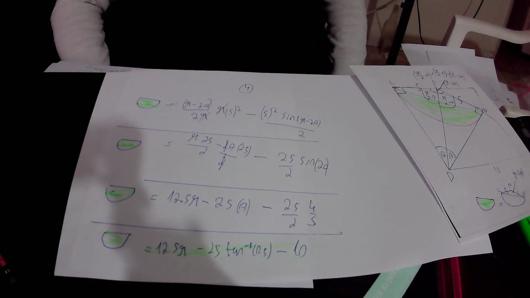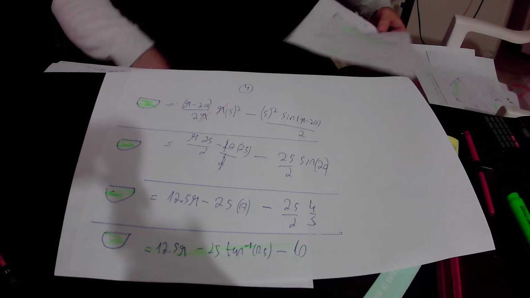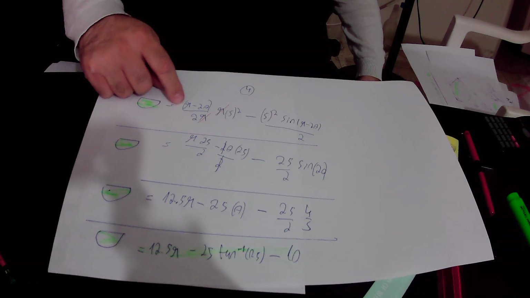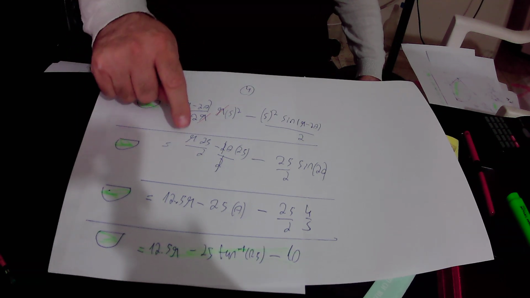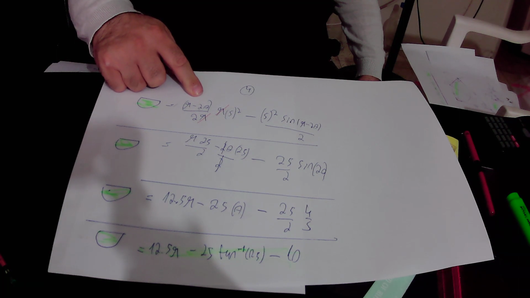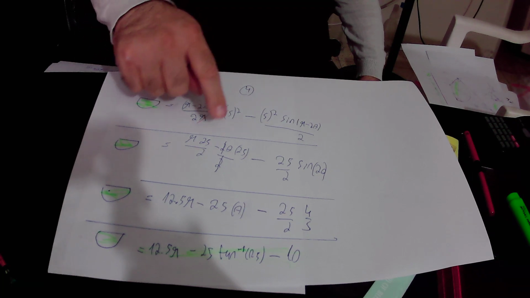Okay, then we open the brackets here. Here it is pi times 5 squared is 25 over 2, and here we have 2 minus 2 theta times 25 over 2.